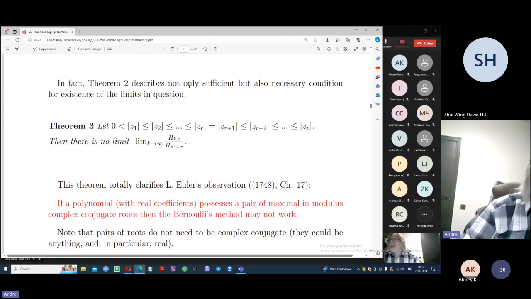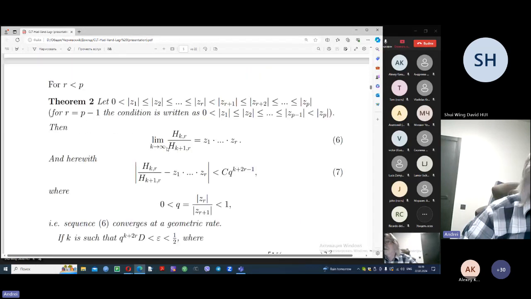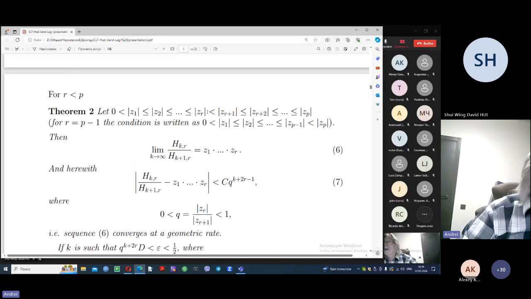Once we have two roots that are equal in modulus, then the corresponding limit is the same limit, but here we considered the situation when they are not equal in modulus.